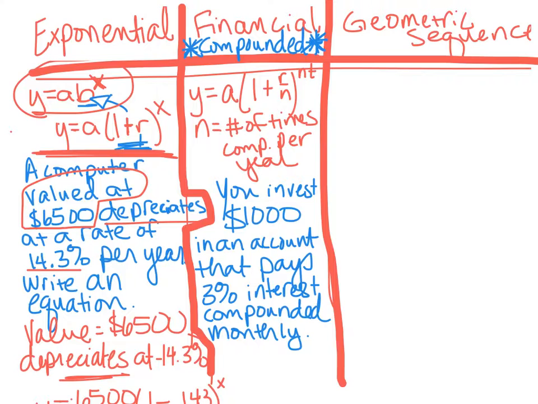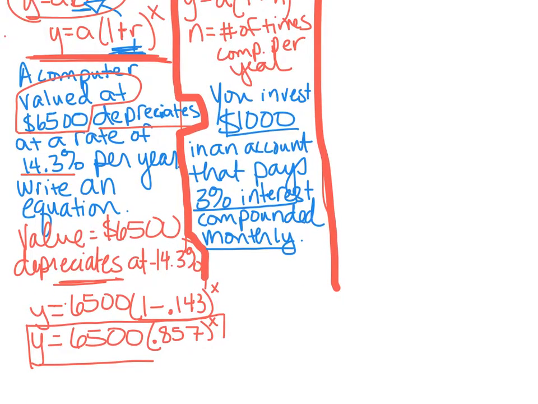So for example, you may have a problem like this where you invest $1,000 in an account that pays 3% interest compounded monthly. You see that word compounded and you know it's time. So we're going to write an equation to model this, and we want to think about our important parts. We have $1,000. That's my starting amount, so that's my a.